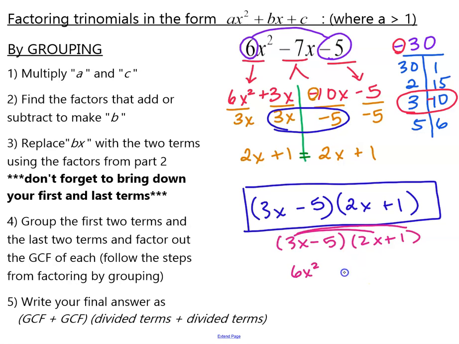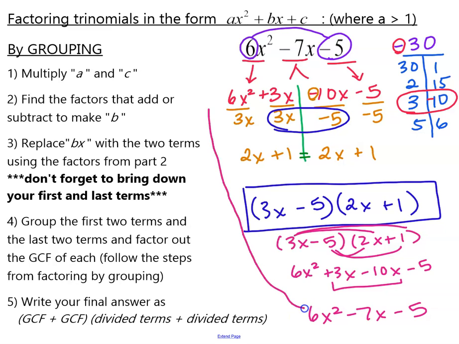Multiply the outsides, 3x, the insides, negative 10x, and the last one's negative 5. You'll combine your like terms. So we have 6x squared minus 7x minus 5, and that is the exact problem that we started with, which tells us that our final factored answer is correct.